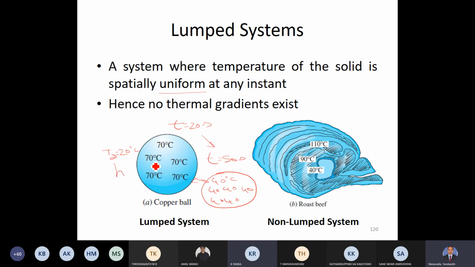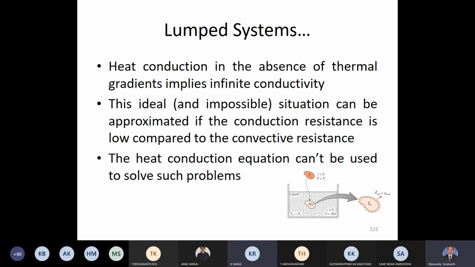So there is a conduction resistance inside, and outside there is a convective resistance. If the conduction resistance is low compared to the convective resistance, then this is a possible system.